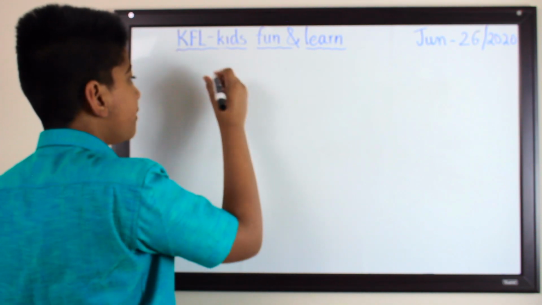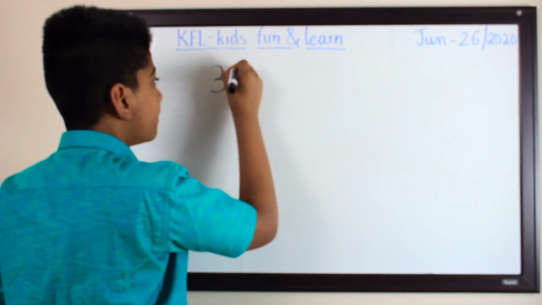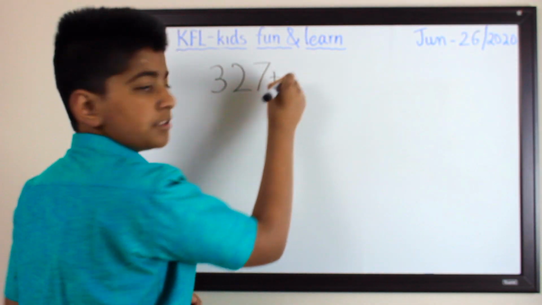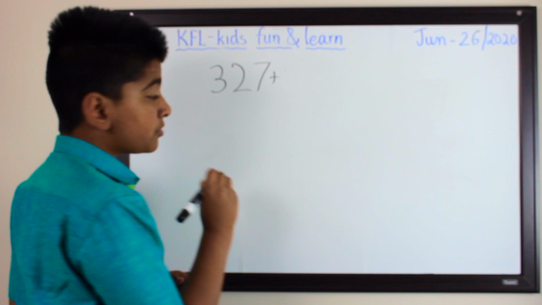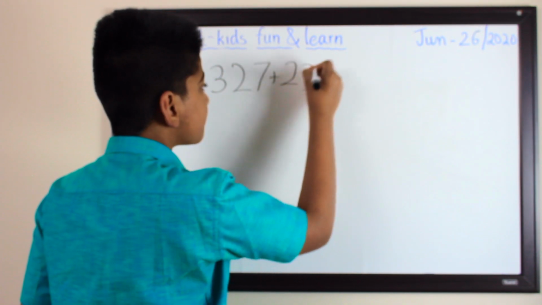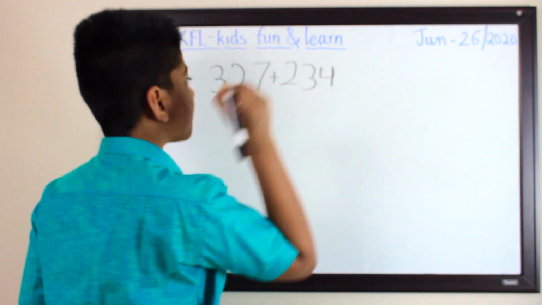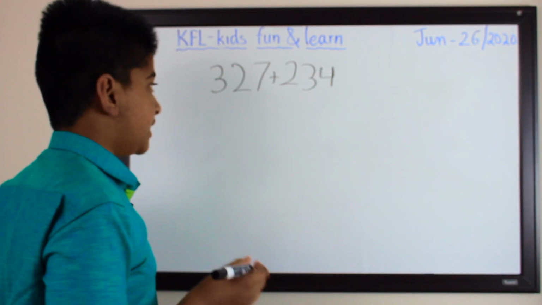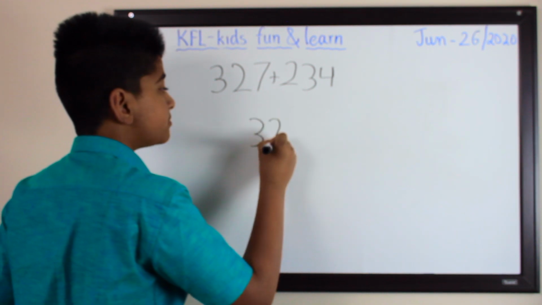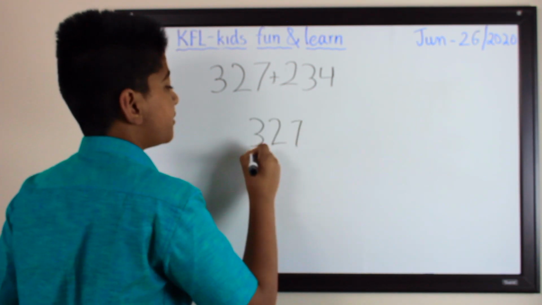How about 327 plus 234? Okay? Now let's write this down with bigger number on top, smaller number on bottom.